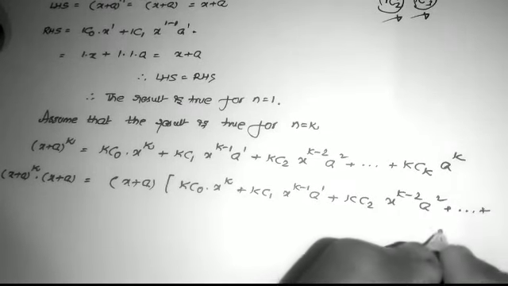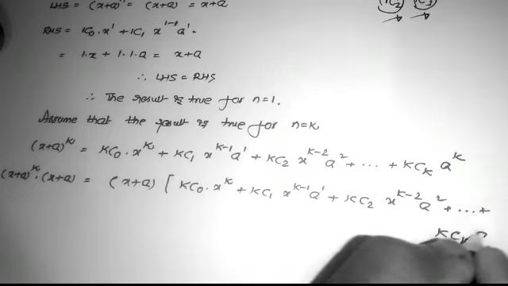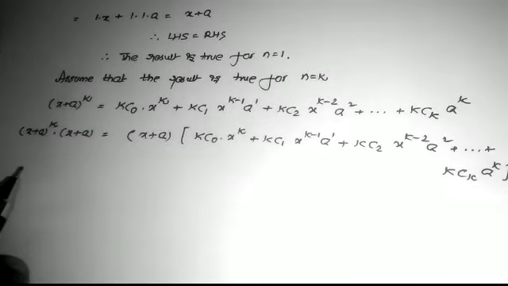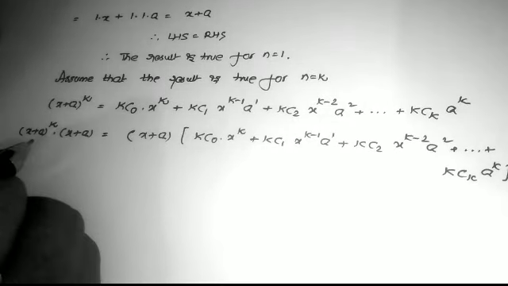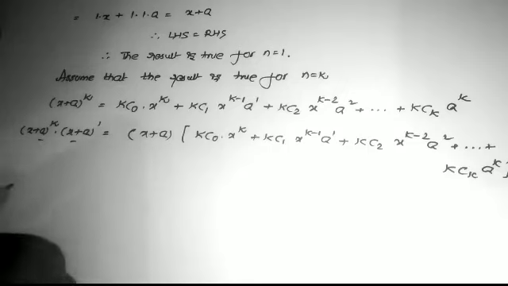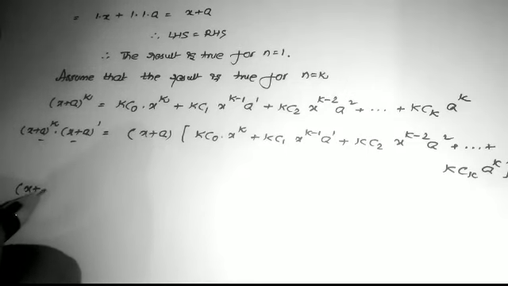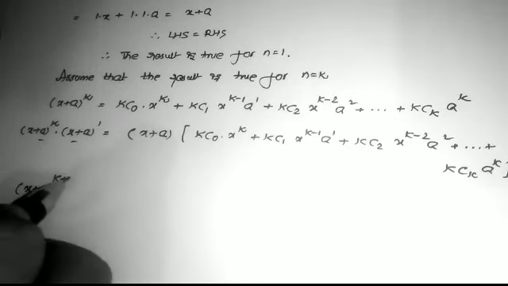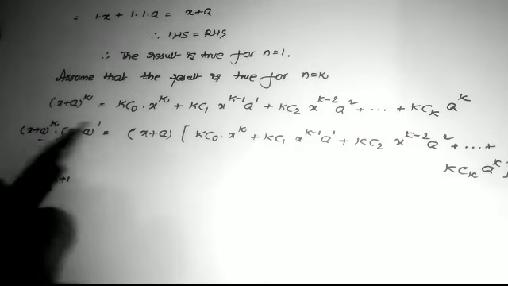The last value is kck into a power k. I multiply this entire equation by x plus a on both sides. So x plus a power k into x plus a is equal to x plus a power k plus 1. Here the bases are equal, so the powers should be added, giving k plus 1.